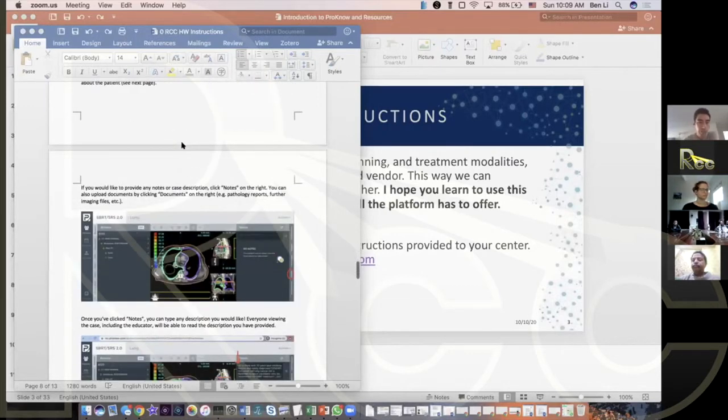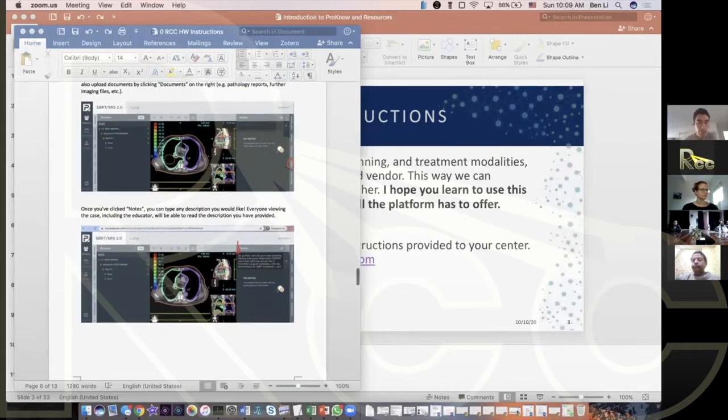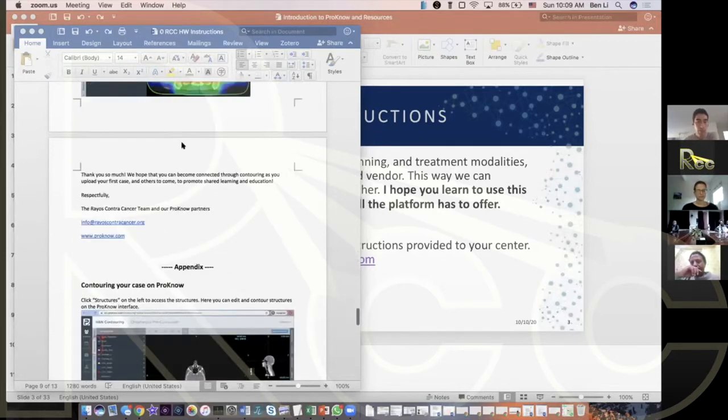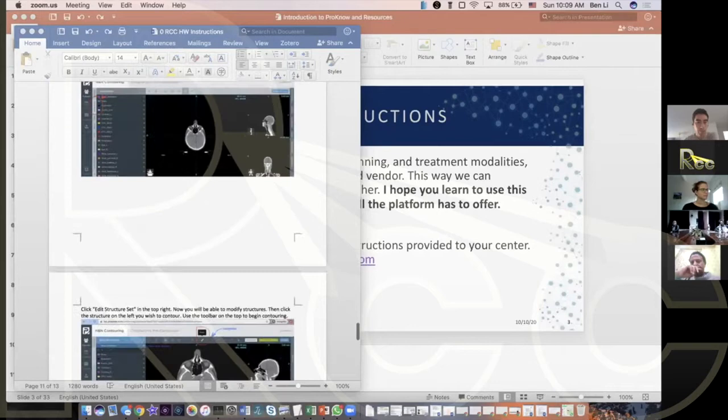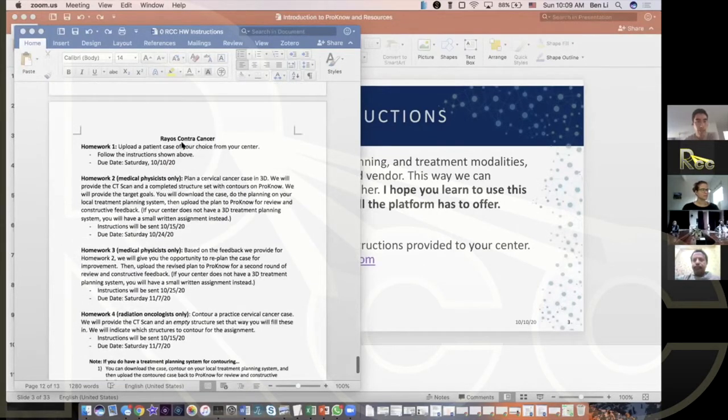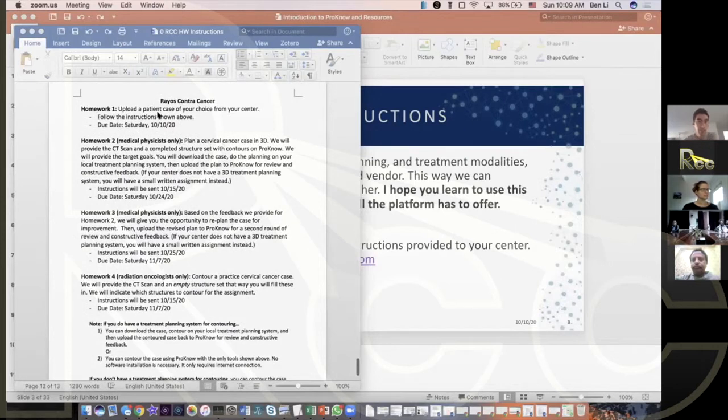And here I'm going to show some examples that we've had from some of the centers. Before I get into that, I just want to say this is the first of a couple homework assignments. But once you get used to this, the medical physicist will be able to use ProKnow to practice planning or to apply planning concepts.